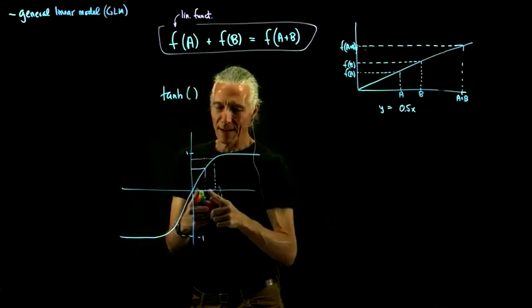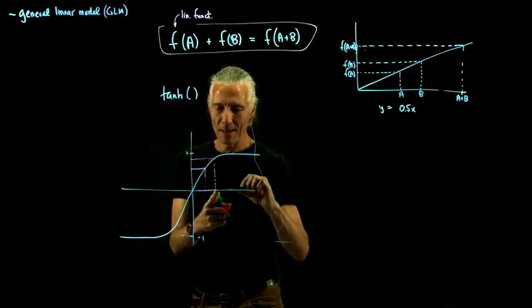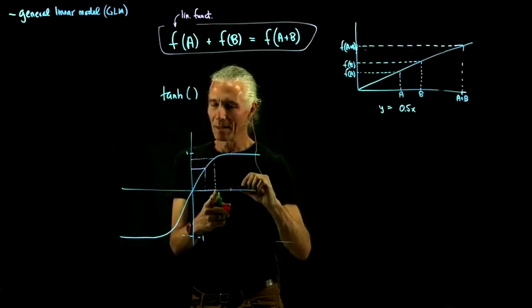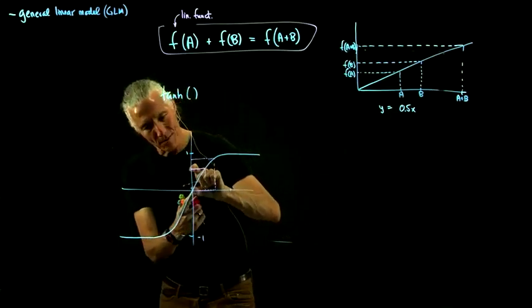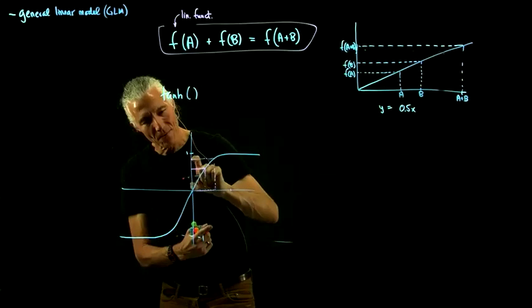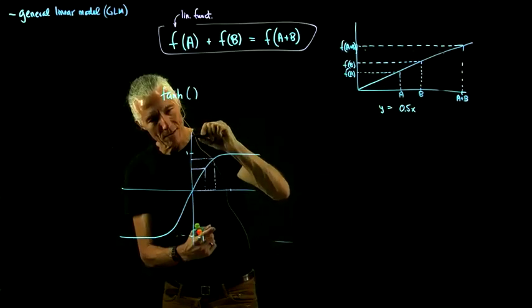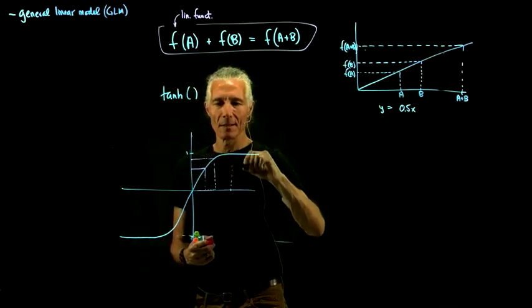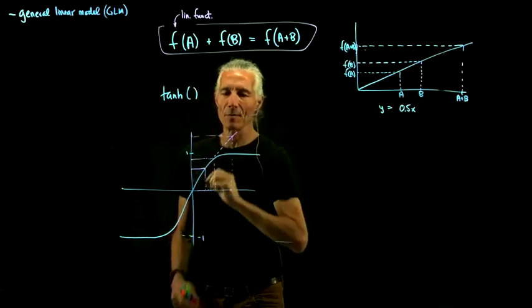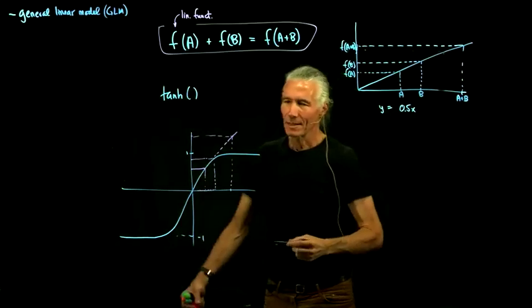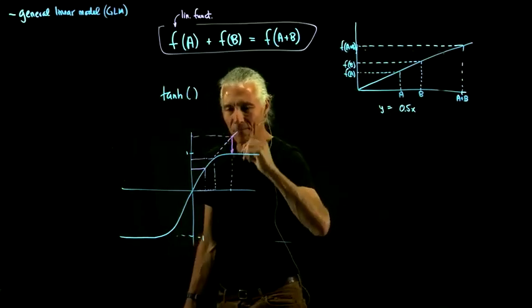If we add this one onto this one, we would go out to here. Our linear projection would be up here. That's what I would expect if it was linear. But it's not linear, because it's actually down here.